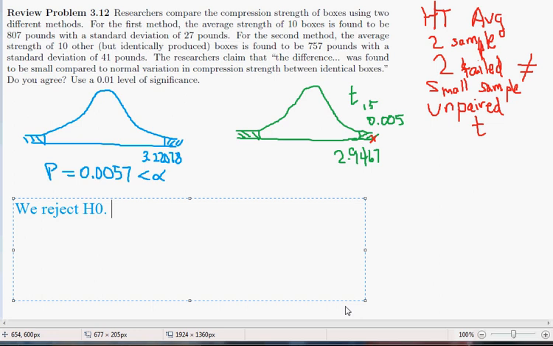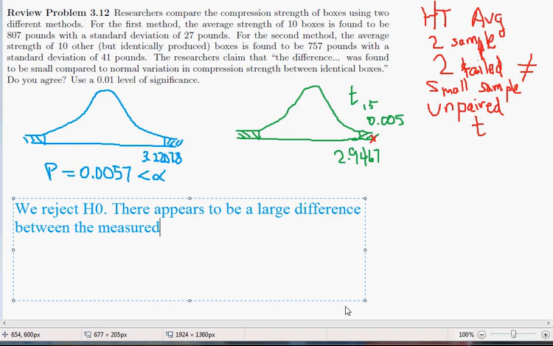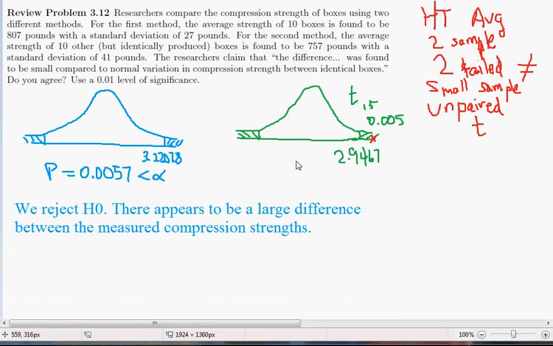In words, there appears to be a large difference between the measured compression strengths. Either because the test statistic falls over here, or else the p-value falls over there.